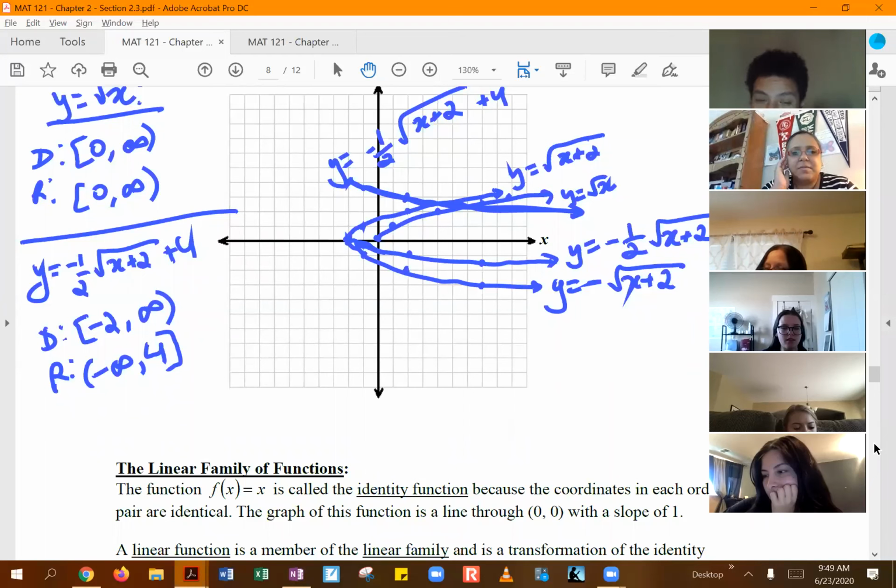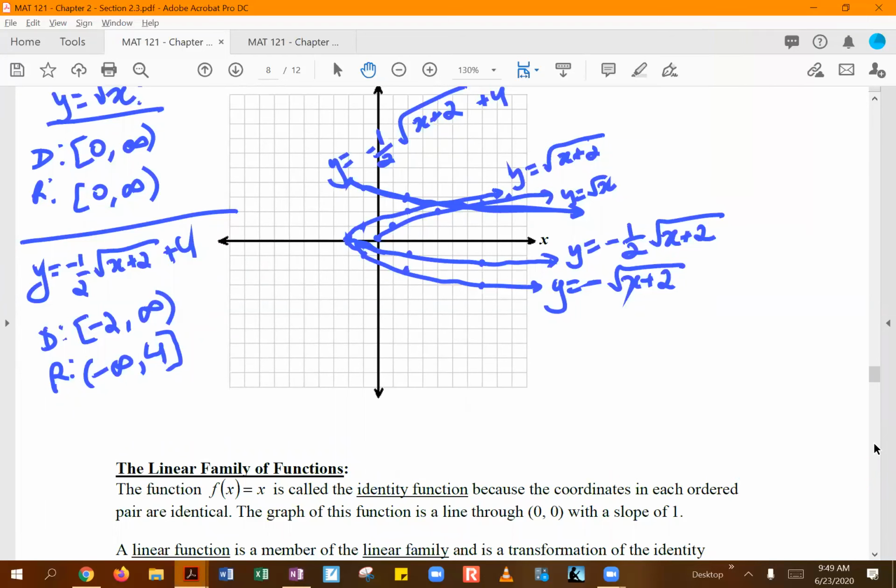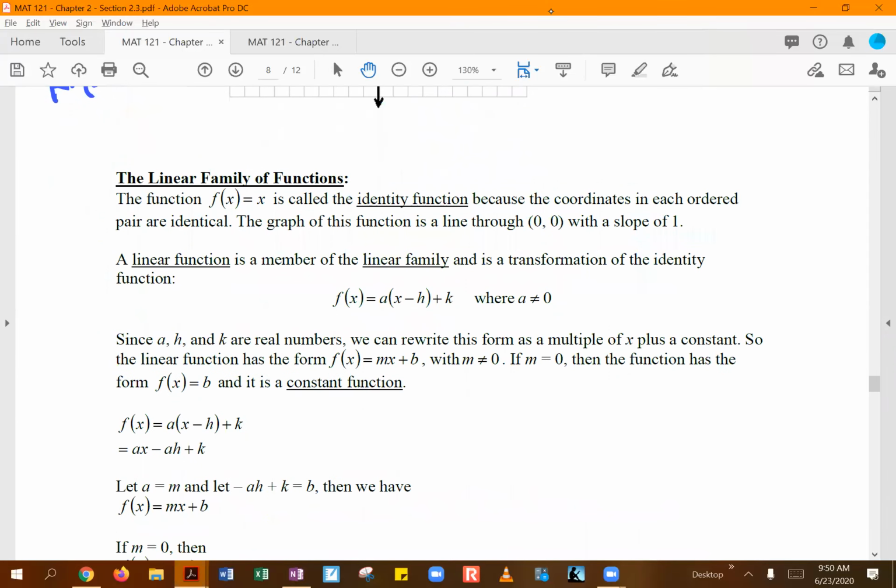Okay. So this one is getting into the linear family of functions. With the linear family of functions, you can still have that same concept of reflection, stretching, shrinking, and then your graph being moved up and down or left or right.